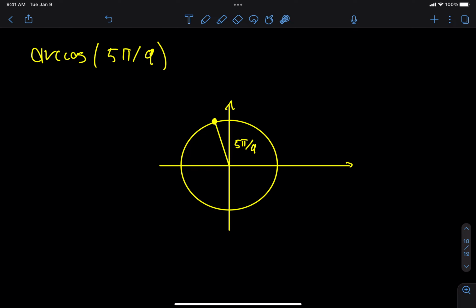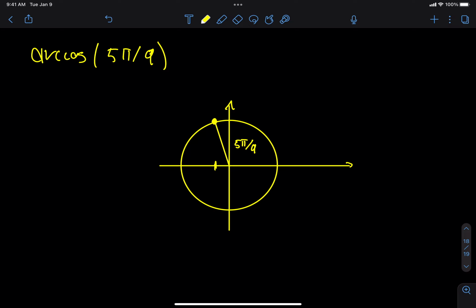So what we're looking for is a point on the unit circle whose x value is this x value, right? We want this x value here. Wait, excuse me? Arc cos of 5 pi over 9?